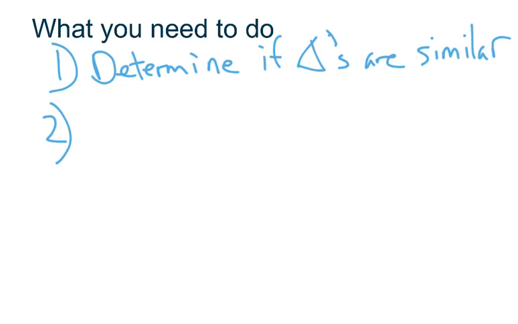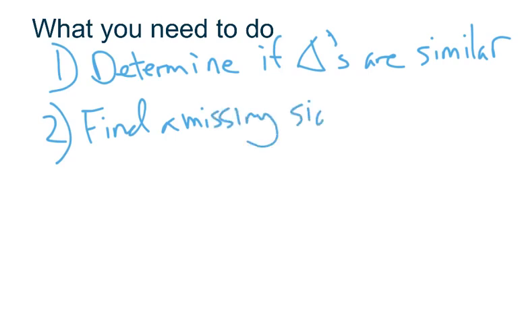Second, I'm going to expect you to find a missing side length. Those are the two things you're going to have to do, and it all hinges on the idea of two angles being congruent in two different triangles. It means that they are similar, that their sides are in ratios and proportions to each other. Let's walk through some examples of what this is going to look like.